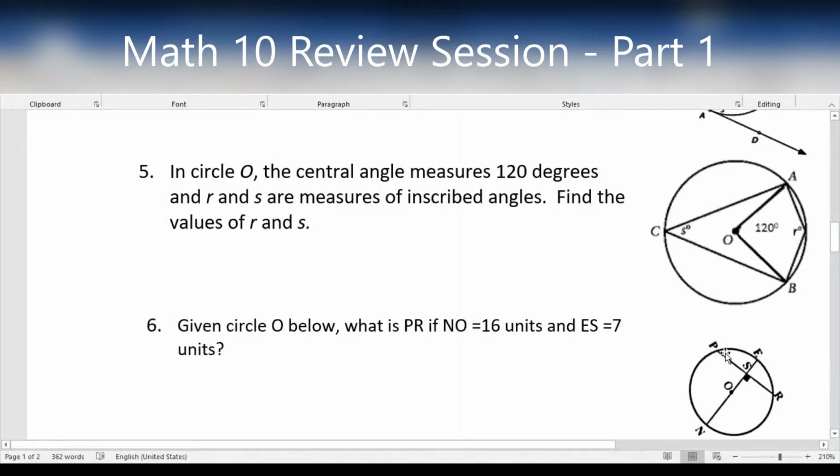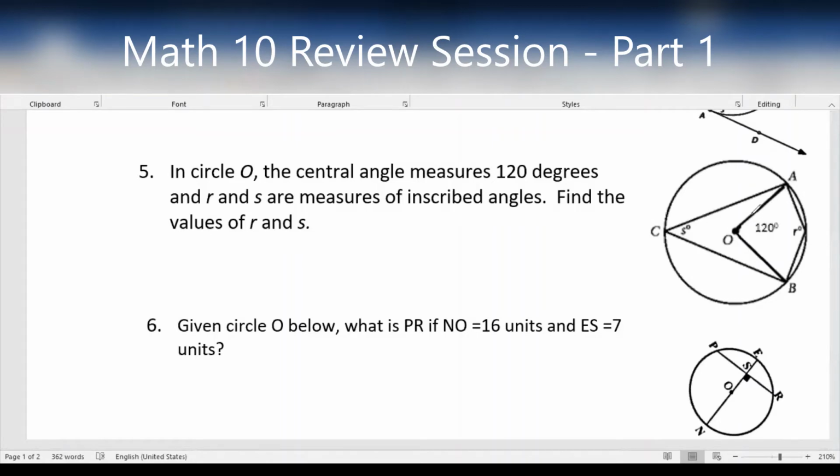Then, based on another theorem, the arc is divided by 2, so S is 60 degrees. Thank you. That's correct. Very good, Alexi.